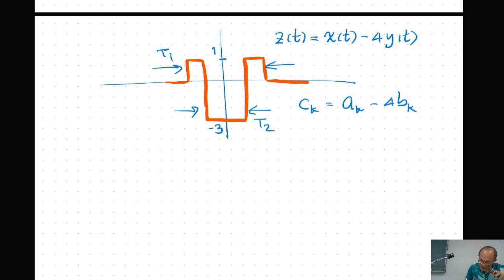All right, the next property is time shift. Time shift goes like this.